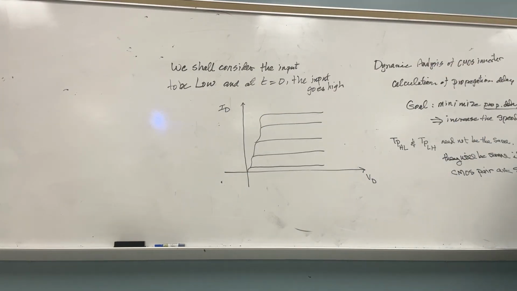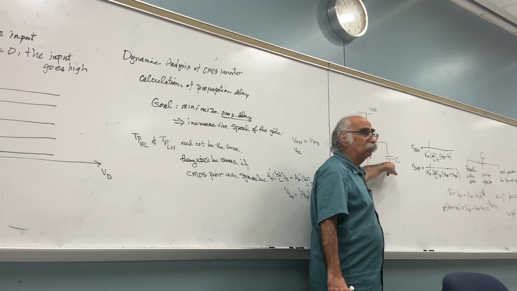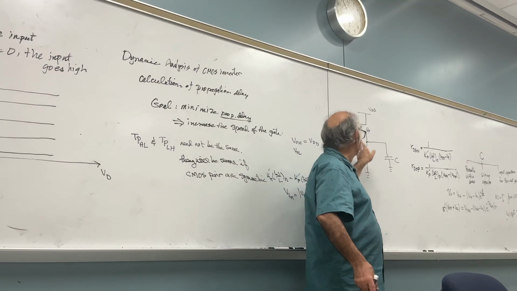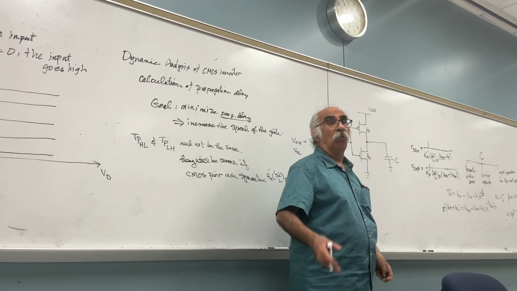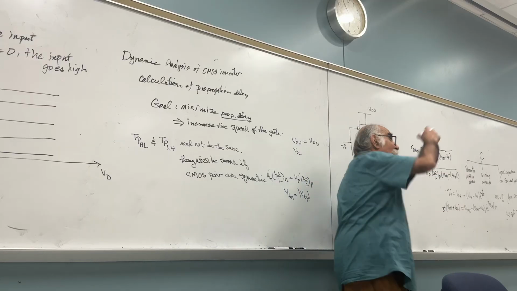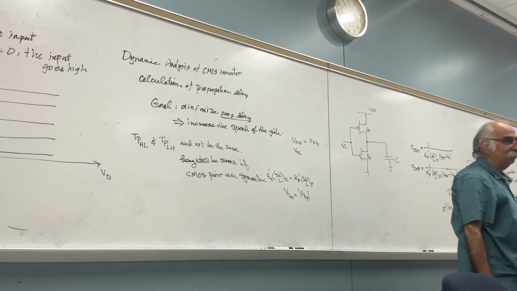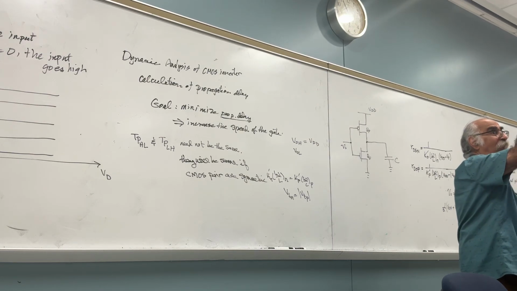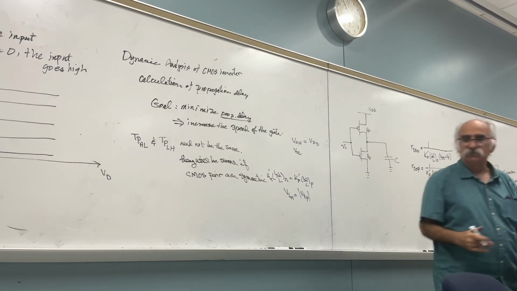What can you tell me about this? Open. What can you tell me about the voltage across C? VDD, because I'm assuming that the input was low for a long period of time. At t equal to 0, the input became high. Clear?